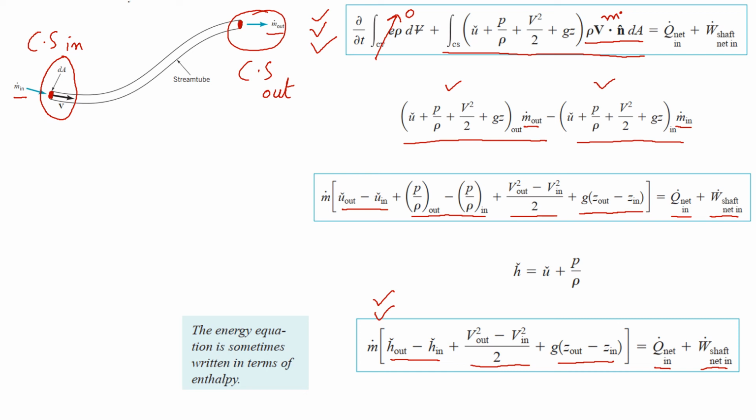Now we are going to use it to see how much energy we can extract from a device, or how much energy a device needs so that we can run it. So now we are going to use it to solve our problems related to energy. So let's do that.